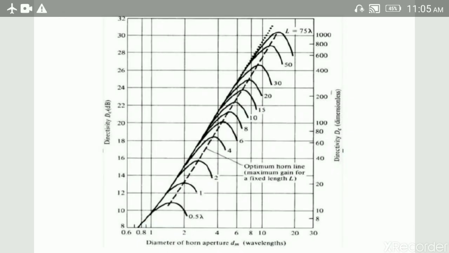On the x axis we can see the diameter of the horn aperture denoted by small dm, which we have seen in the geometry and the design specification of the conical horn antenna. And on the y axis there is the directivity. So we can see that as we increase the diameter of the horn aperture, the directivity will also increase.